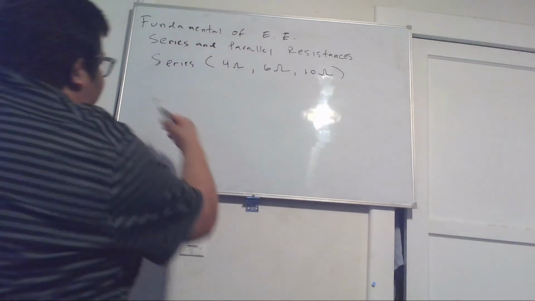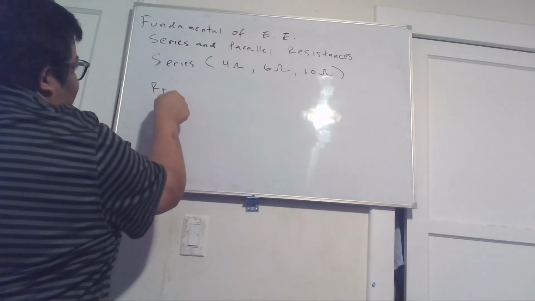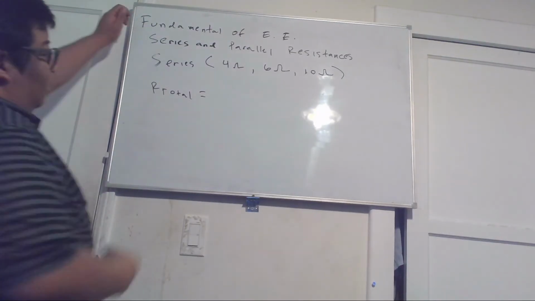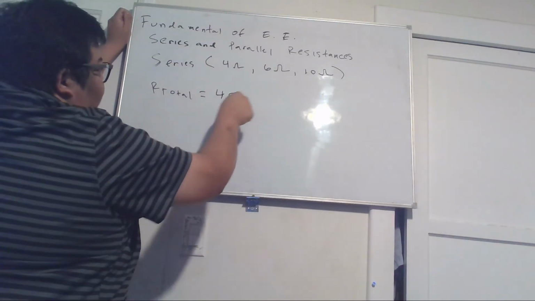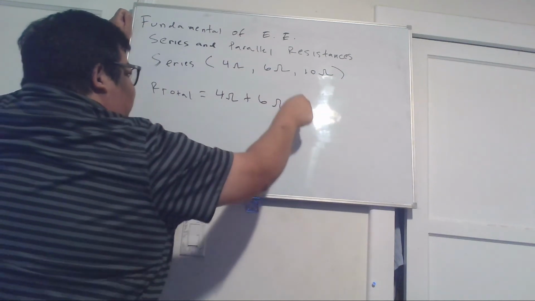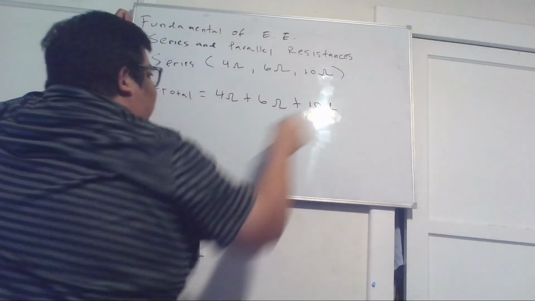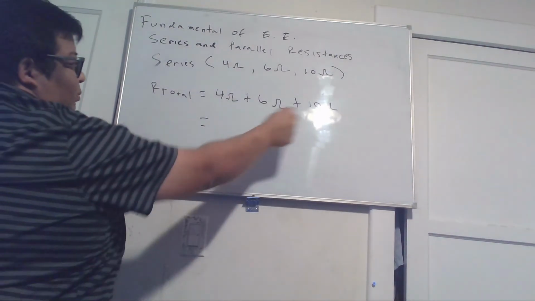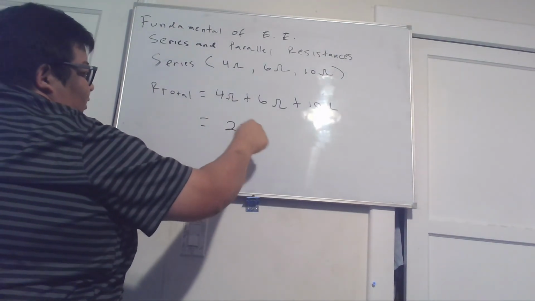How would you calculate the total resistance? Our total would be 4 ohm plus 6 ohm plus 10 ohm. And what does that equal? 4 plus 6 is 10. 10 plus 10 is 20 ohm.